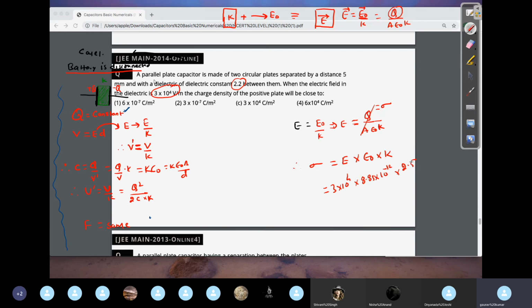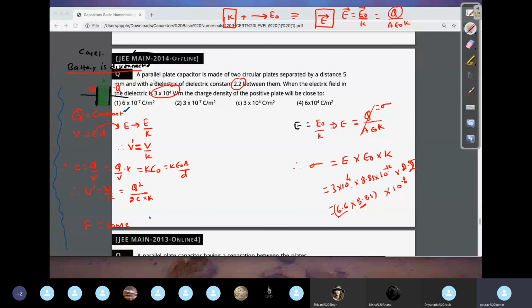2.2. Okay, 2.2. So you can see here, this is approximately 6.6 you will get, right? 6.6 multiplied by 8.85, let's say you have it. And then this will give you 10 to the power of minus 8, right?